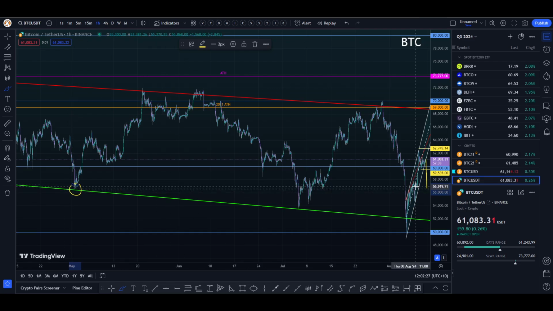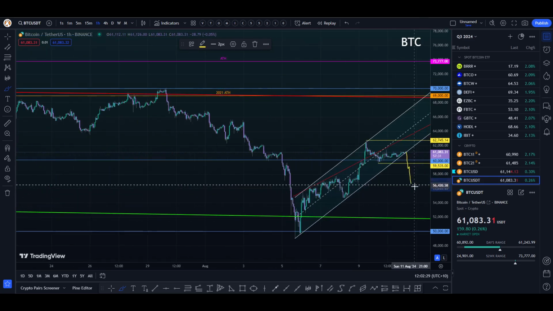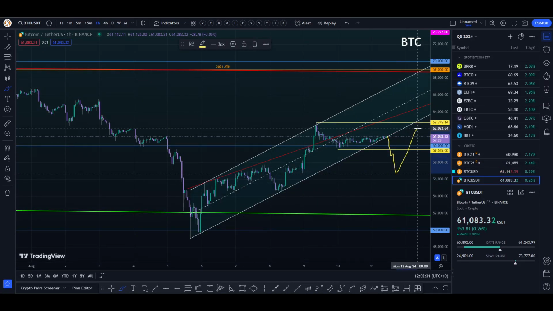We could get into contact with that dotted line and bounce. And lo and behold, that would still be a higher low. If you take this low here, and then this would be the third low. But what we're working with now is 1, 2, 3 for now. Those are our lows, and everything's looking okay for now.